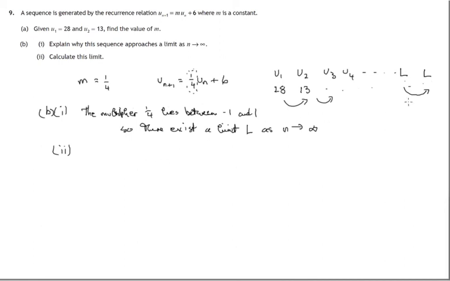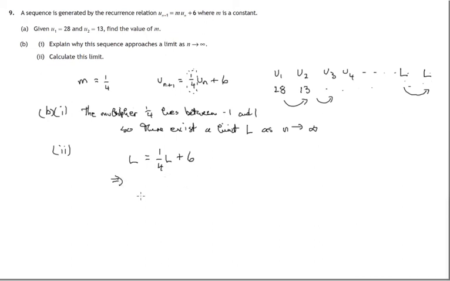So if we carry out the times a quarter and add 6 to L, we'll just end up with L. So a quarter of L, whatever it is, plus 6 must give you L. And therefore we can do normal algebra to solve that equation.